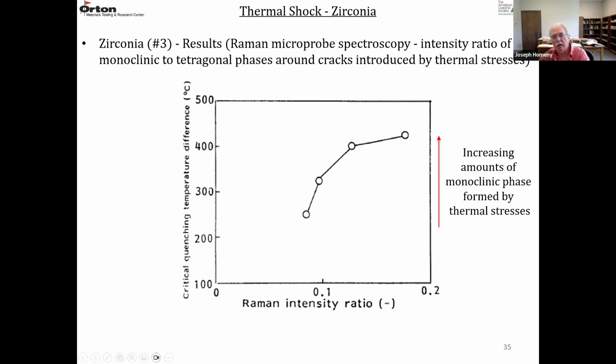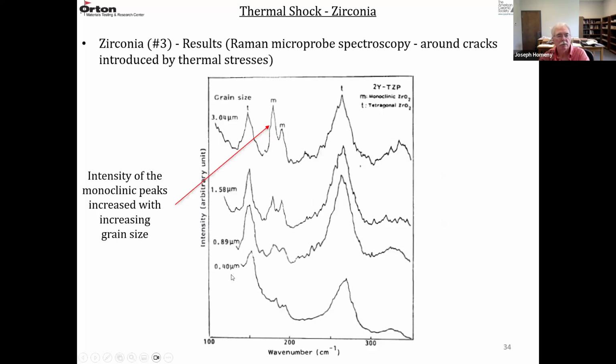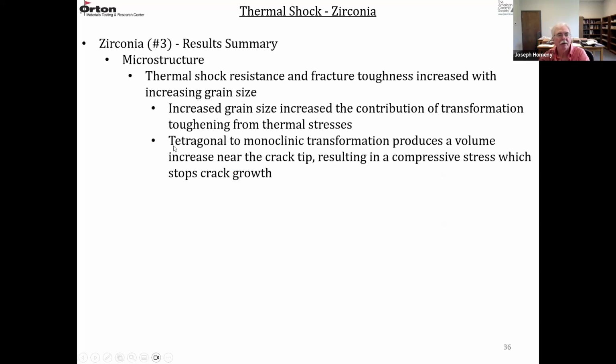So they found the intensity ratio of the monoclinic to tetragonal phases around the crack tips introduced by thermal stresses increased with the greater grain size and gave rise to a higher delta T. So the thermal shock resistance and fracture toughness increase with increasing grain size.